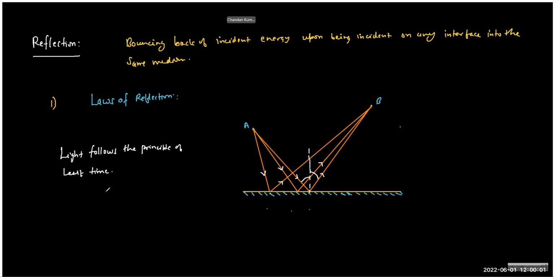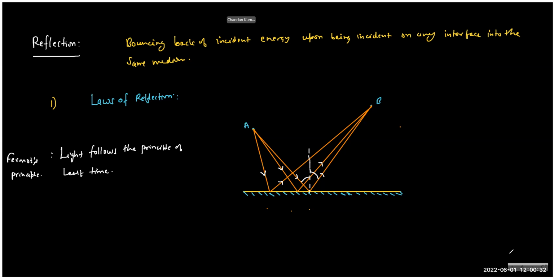So it will choose the path which has the least time, and that's how the process becomes the law of reflection. This is called Fermat's principle, and that is a core property of light. So using that property, every other property can be derived. The least time, Fermat.